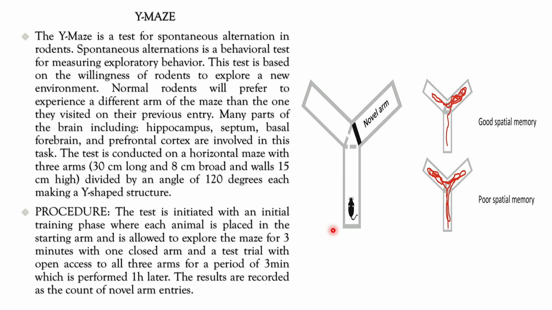So in the third phase, you will again open this arm and you will see the frequency with which the rat is visiting this novel arm, because for the rat, this arm is the area that it has not explored. Right, so the frequency of entering the novel arm will be more in comparison to the other arms if the memory is not impaired. So this is the Y maze test.